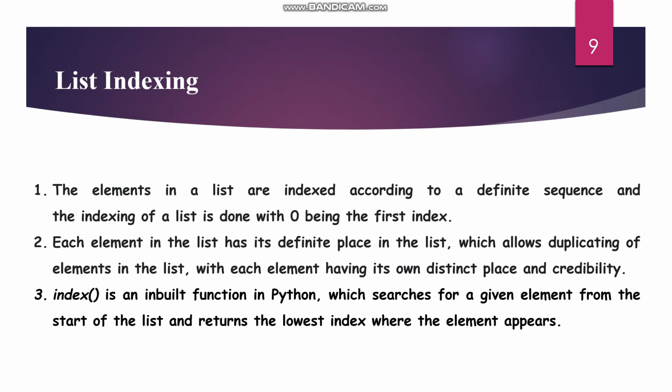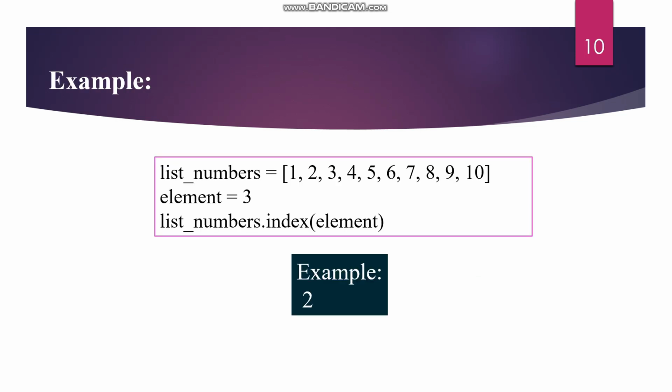Like if I write 0 and 1, and further I write minus 1 and 2, each element has its own distinct place. What is now index? I had explained it prior also. Index is an inbuilt function in Python which searches for a given element from the start of the list and returns the lowest index where the element appears. So this is an example.